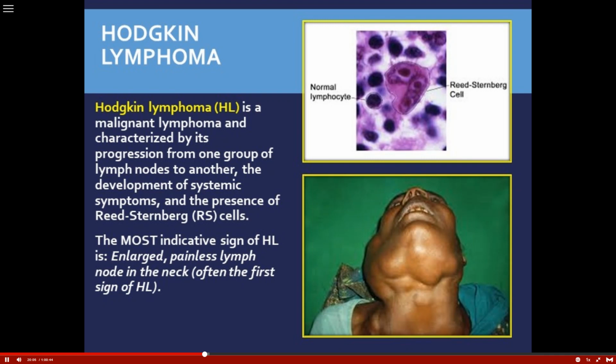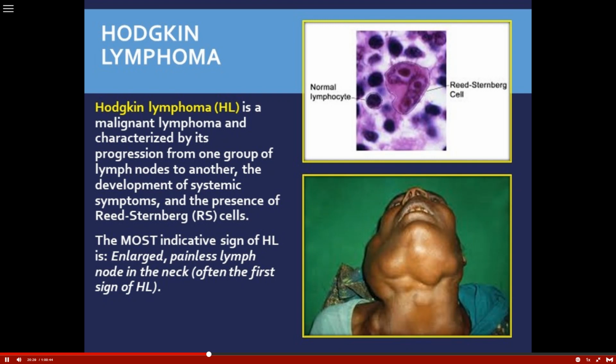But something else that is going to differentiate between non-Hodgkin's and Hodgkin's is the fact that with the Hodgkin's, look at this picture down here. I know that's pretty exaggerated, but when you're taking the exam, I guarantee you're going to remember that picture.